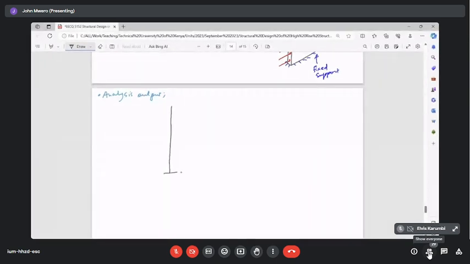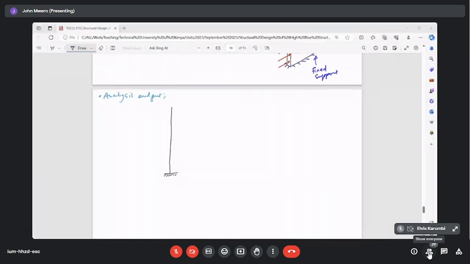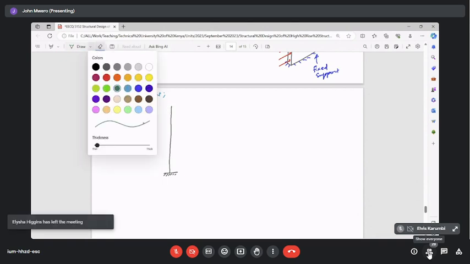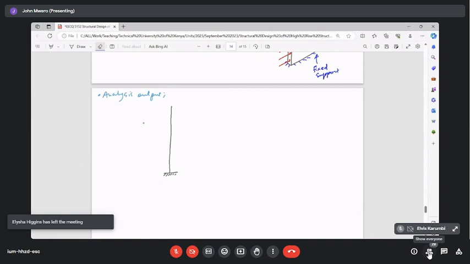We say the wall is a cantilever, fixed at the bottom and free at the top. And then we will have discrete lines, but generally they would follow something like that.